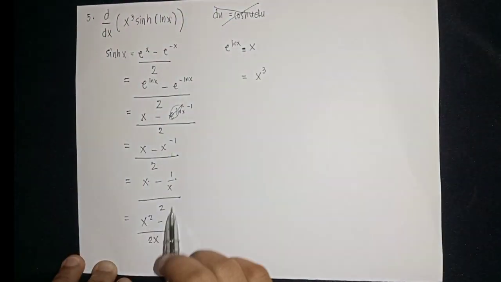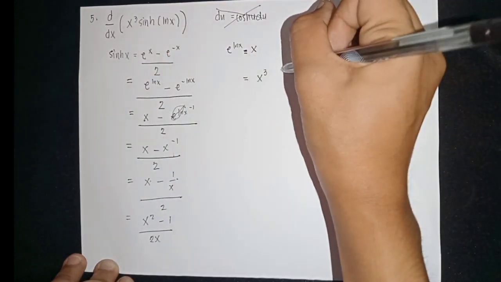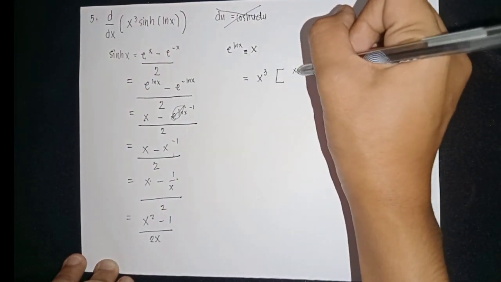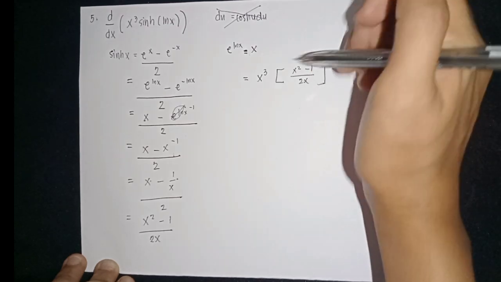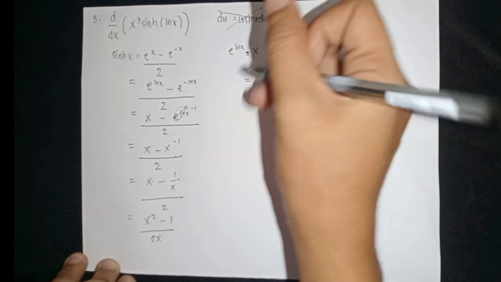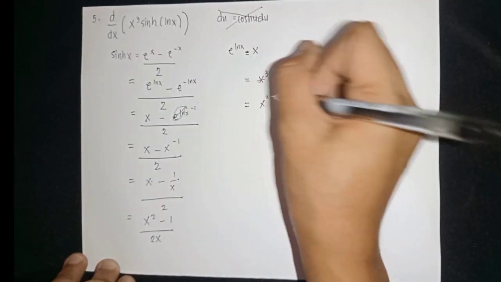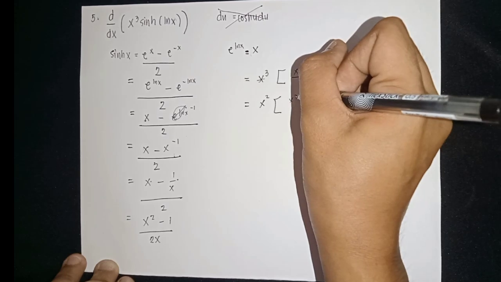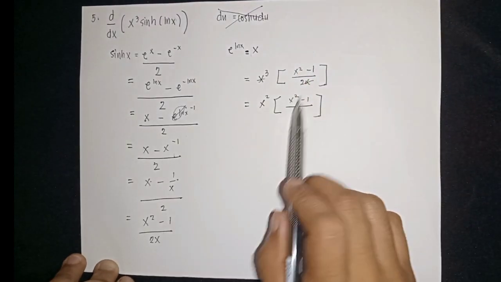This is not the final answer. As we notice, we can cancel out the x, so it will become x squared minus 1 all over 2.